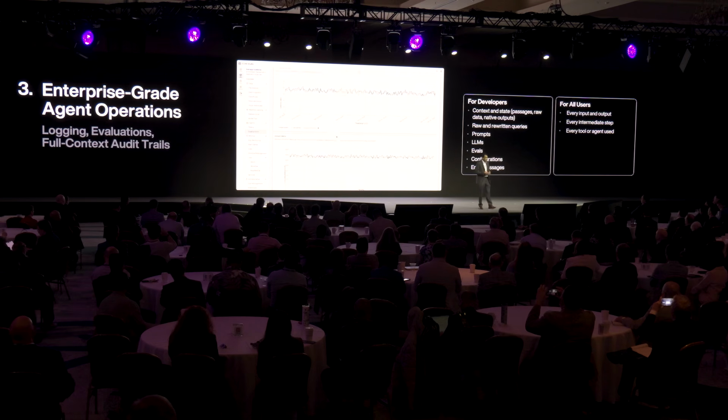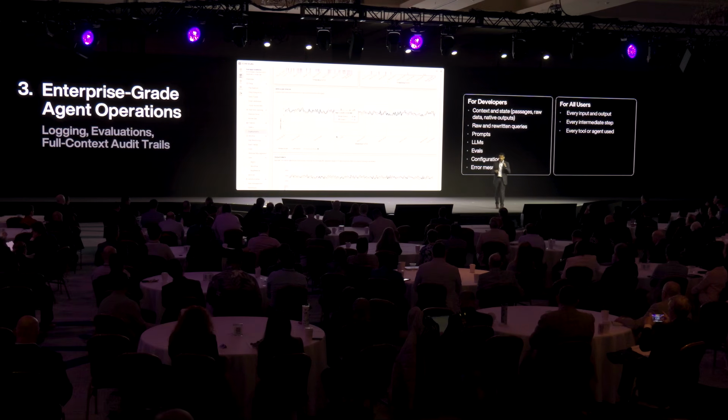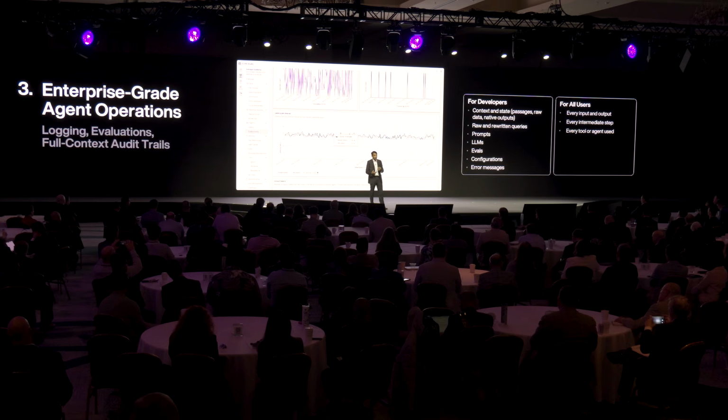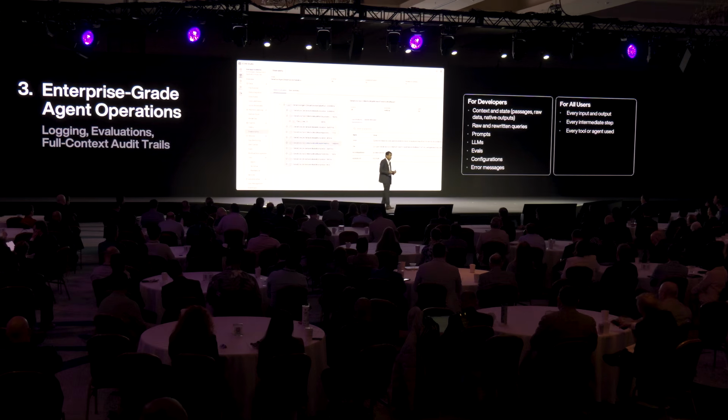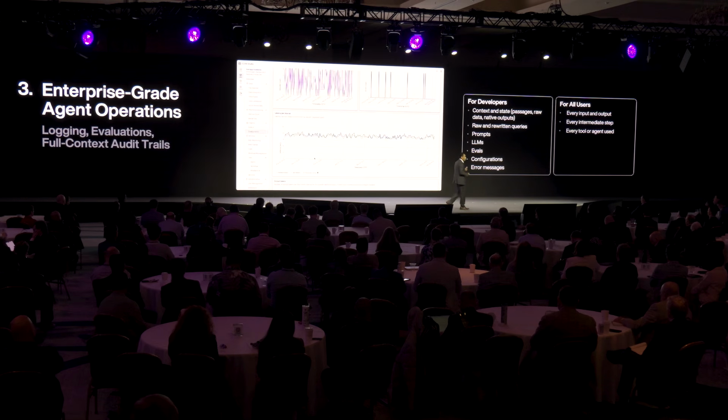I mentioned some of this yesterday, but we have really, I think, packaged it all nicely together, and we've released it for developers, so developers can see quite a lot: context, prompts, LLMs, evals, configurations, error messages, etc. But also administrators have different views, and if you're an administrator, a knowledge manager across the enterprise, you can see all the users, their queries, the intermediary steps, the tool calls, agentic calls, and so this gives you great transparency into what's going on in your agentic systems.